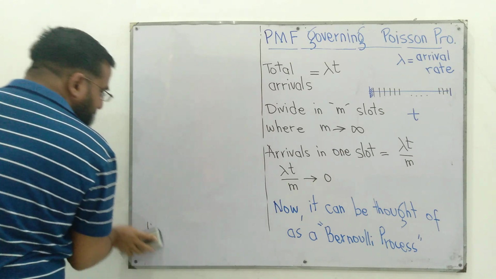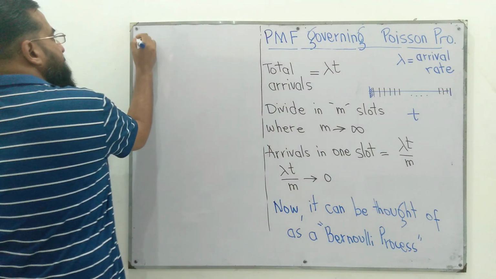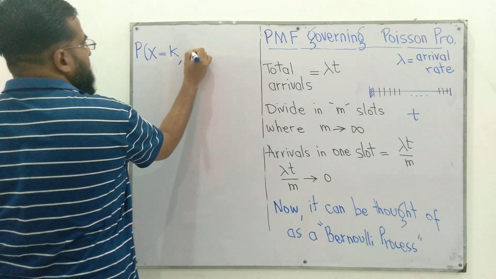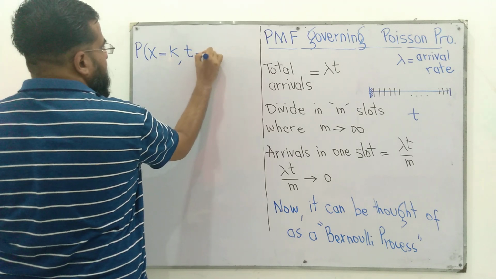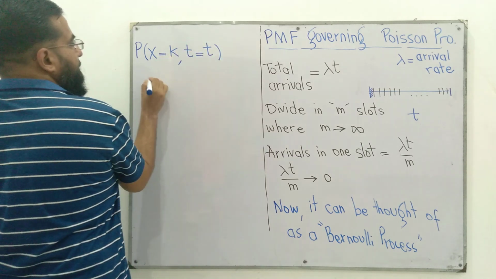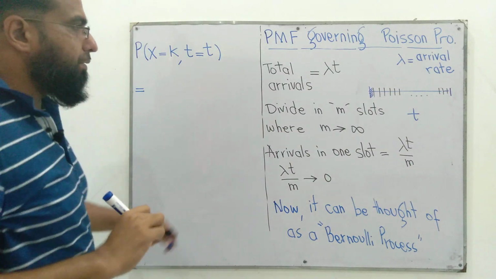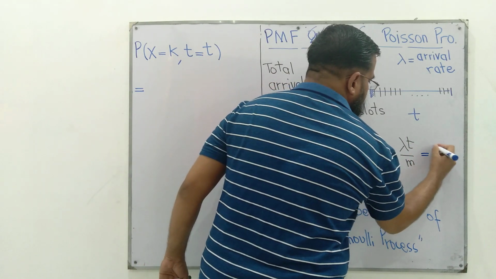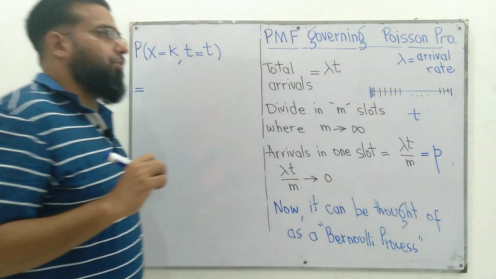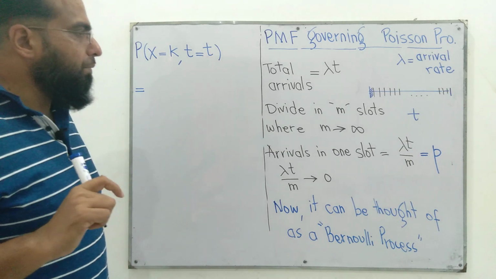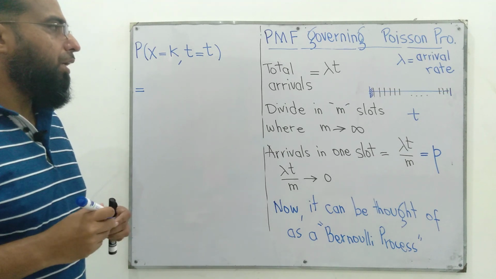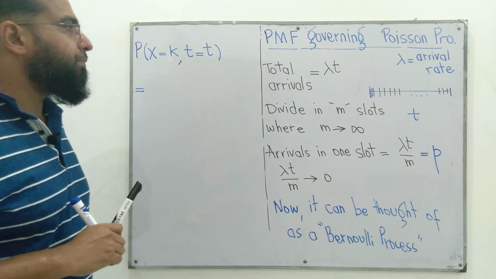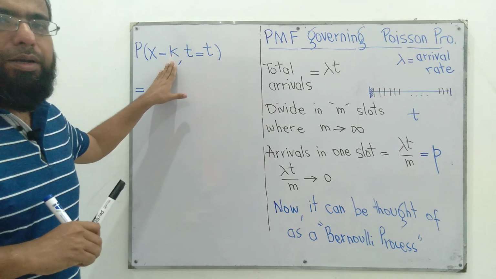So now if we want to compute the PMF of having k arrivals in this time t, where this lambda t over m is the probability of success in a given slot. We have these m slots, and out of which we want to find out the probability of having k arrivals.